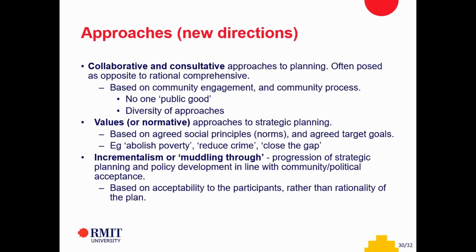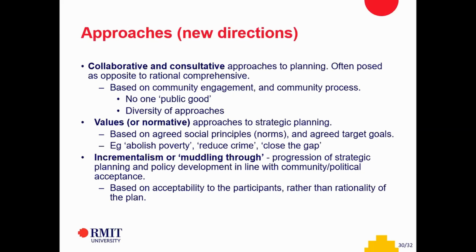So it's a bit messier, but if you have faith in the communicative rationality approach, things will ultimately work out in the end, at least in the sense that people will have a decision that they can live with. And therefore there's a recognition that we can't impose the one public good. There's actually several public goods because people in the community have different viewpoints. Consequently, you have a diversity of approaches.